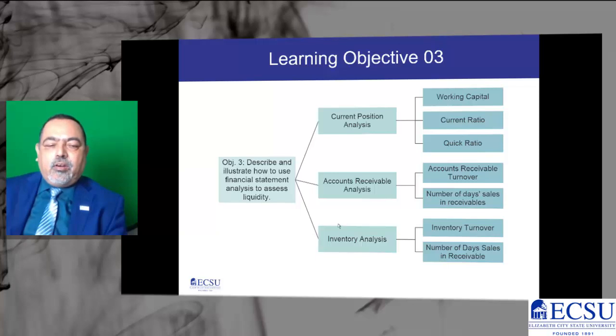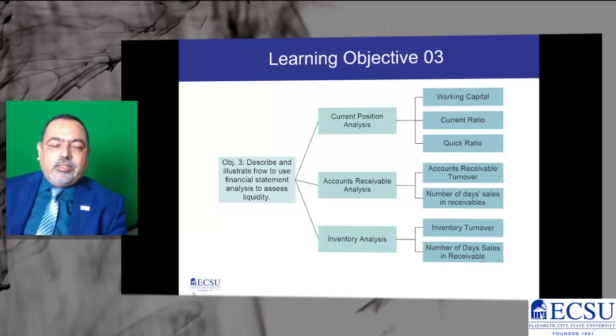Now, in case of accounts receivable, you know accounts receivables are created when we sell goods on credit. When we sell them, we need to collect those accounts receivable in a reasonably good time so that we can maintain our liquidity position.